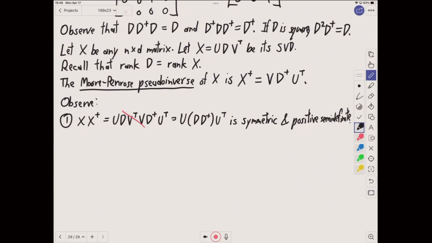All right, the significance of this observation, if you look at this, this is in the form of an eigendecomposition, because the U is an orthonormal matrix.